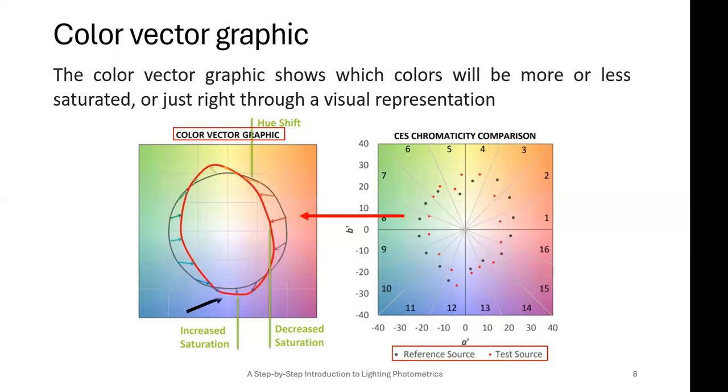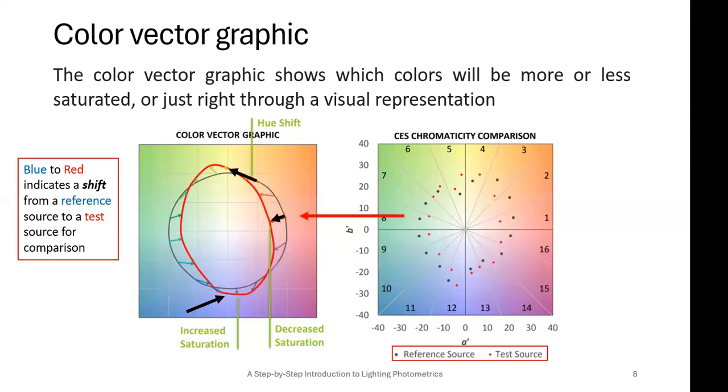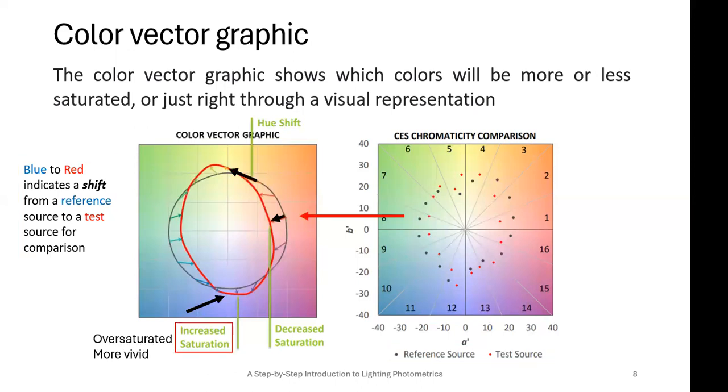So here is our red, which is our test source. In this case, if we see this area right here, that's an increase in saturation of that particular color compared to the reference source, because it goes beyond that blue line.